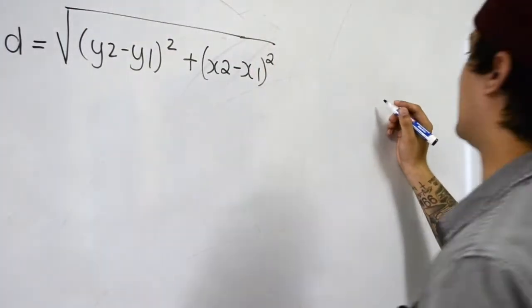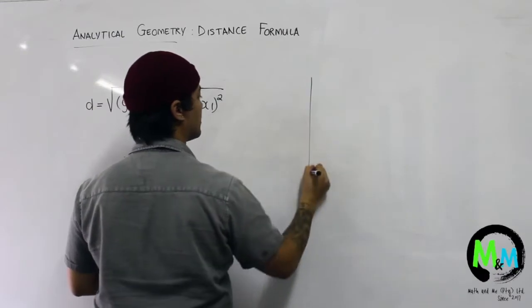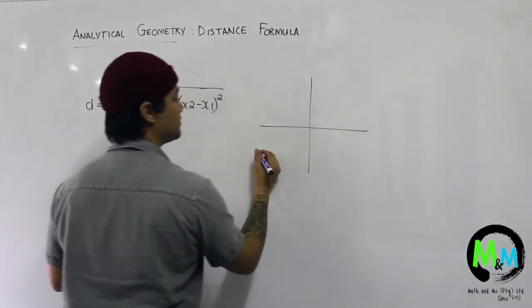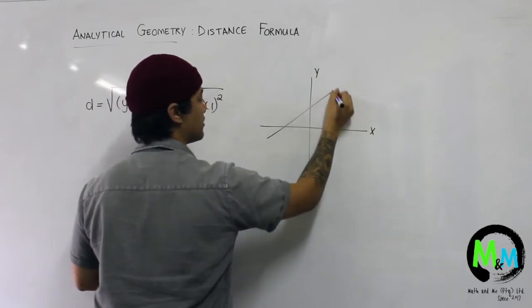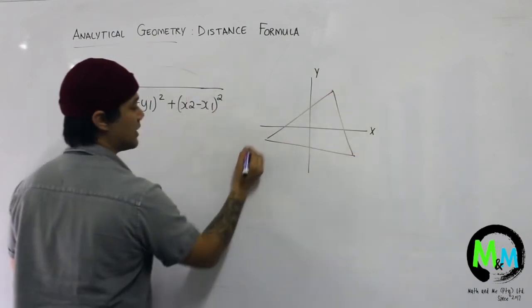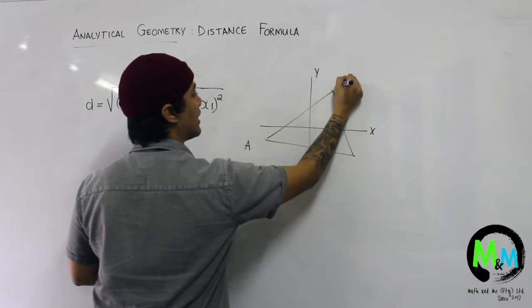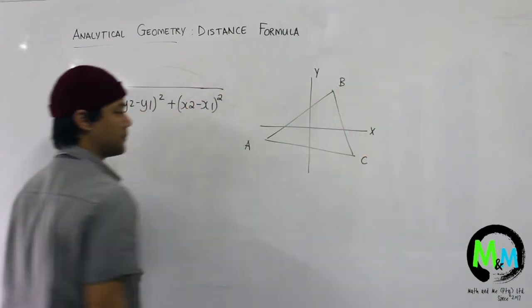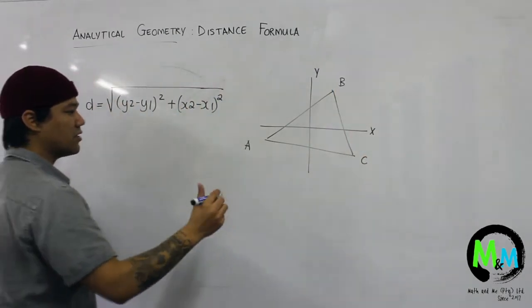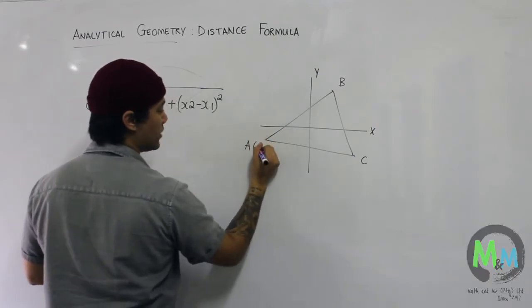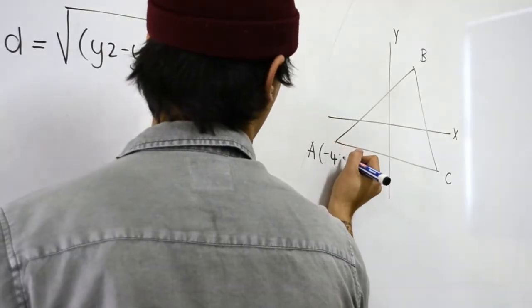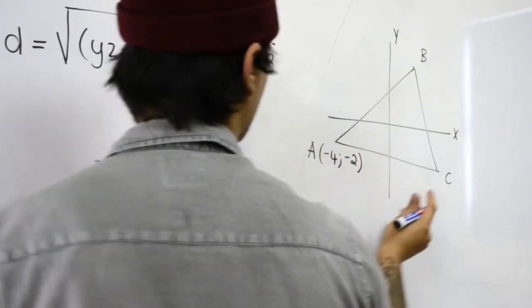Right, let's say that we're given a Cartesian plane, y-axis, x-axis, and there's that triangle A, B, C, right? So first we could say coordinate A is (-4, -2).